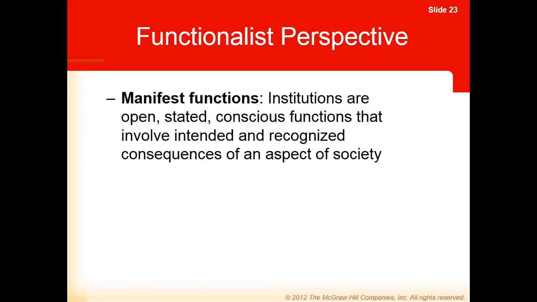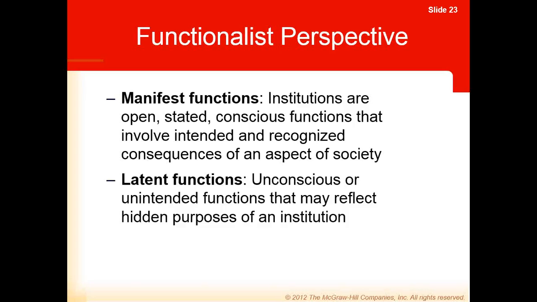We have this idea of functions, right? There are two different types of functions we can think about: manifest functions and latent functions. Manifest functions are those functions for which an institution is organized. They're the openly stated, conscious functions, the intended and recognized consequences of an aspect of society.